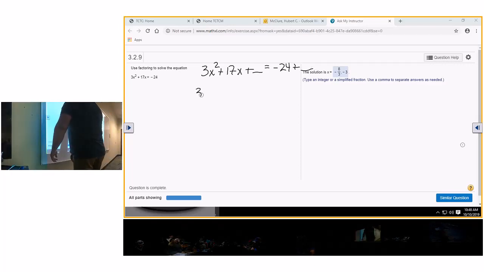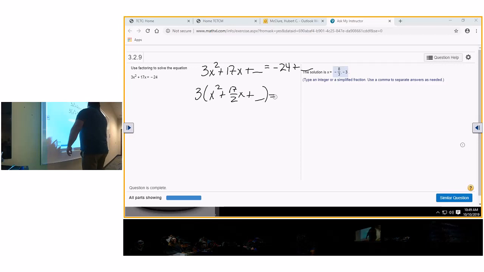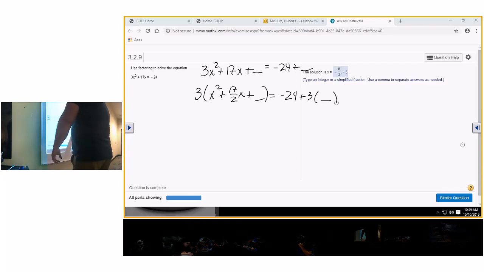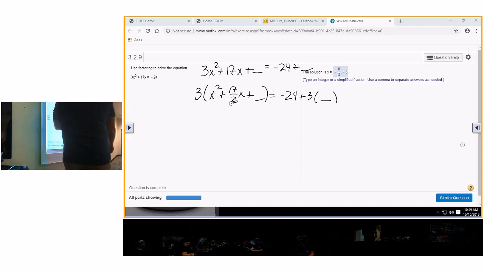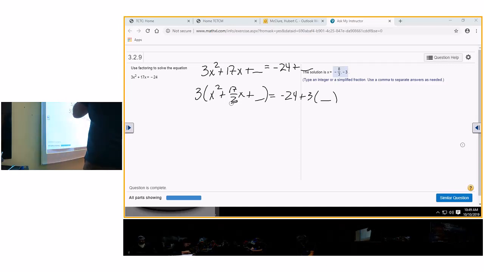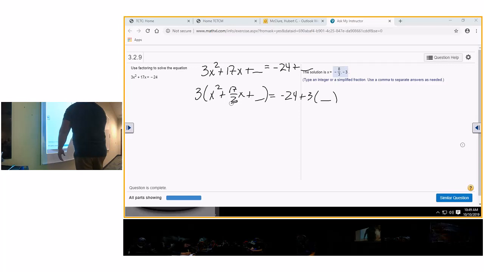3x squared plus 17 halves x plus blank is equal to negative 24 plus 3 times blank. Would it not be 17 thirds? Yes, thank you. So 17 thirds divided by 2 is 17/6.